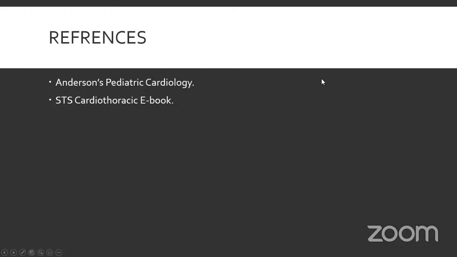But if you look at the general world, we have to understand in some systematic way what we are dealing with. And the key thing that I think the residents should take away is that in the congenital world, whenever someone says left ventricle or right ventricle, what they're essentially saying is morphologic left ventricle and morphologic right ventricle.